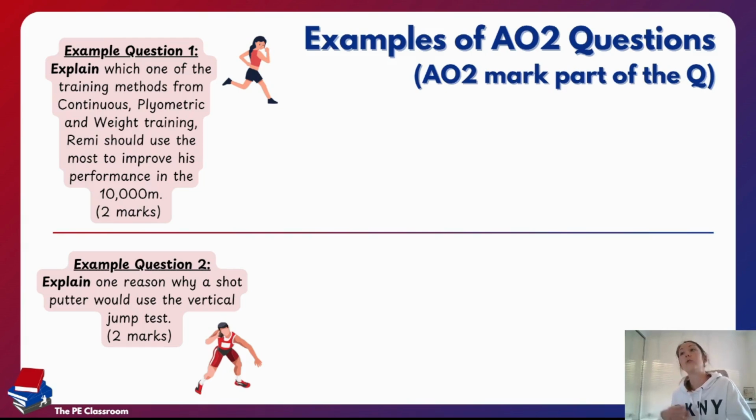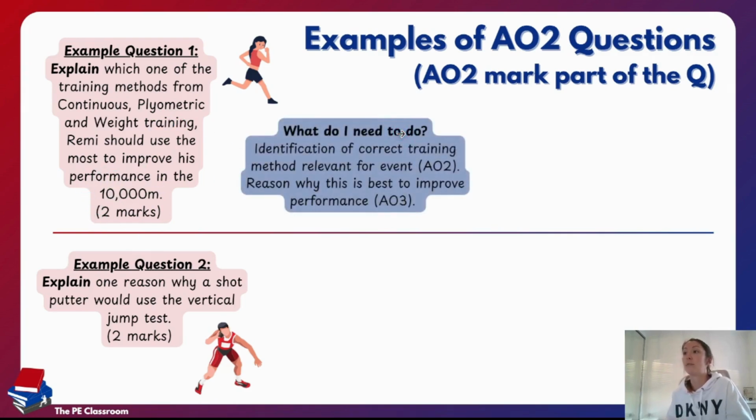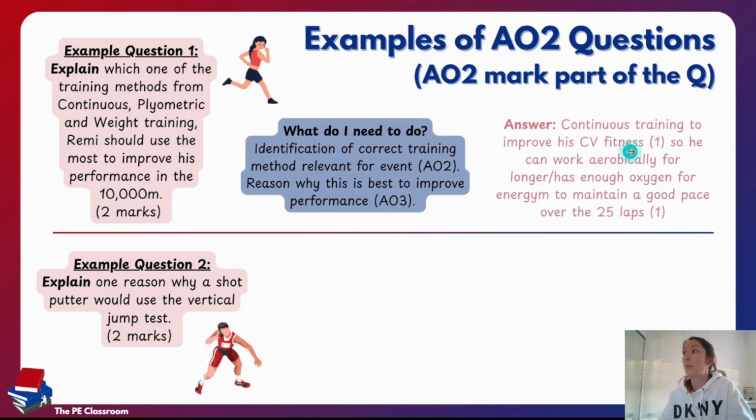In order for us to make a decision on which one, we need to have that knowledge in the first place, and essentially link it to which one is most beneficial for a 10,000 metre runner. So identifying the correct training method that is relevant to the event is your AO2 point, because it's applying our knowledge of training methods to the sporting example, and then giving your reason as to why this is the best one to improve the performance would be an AO3 point.